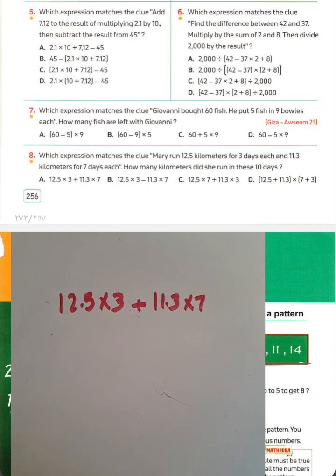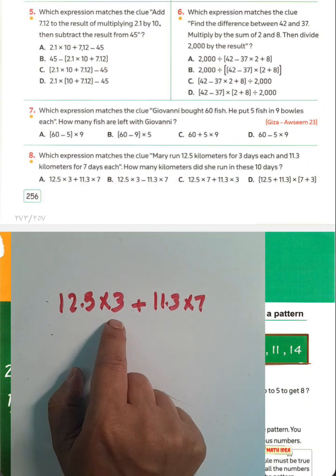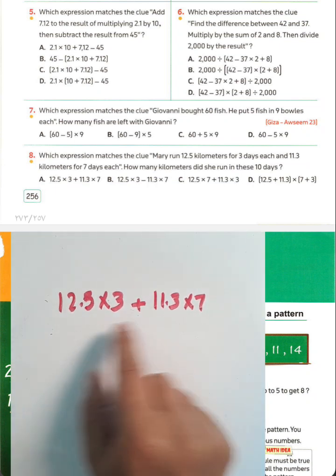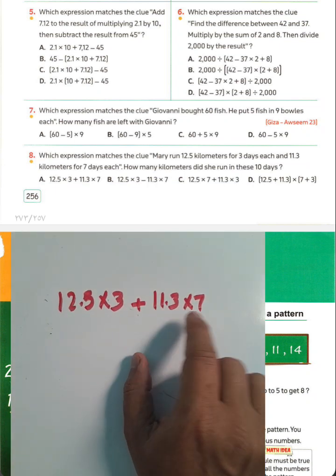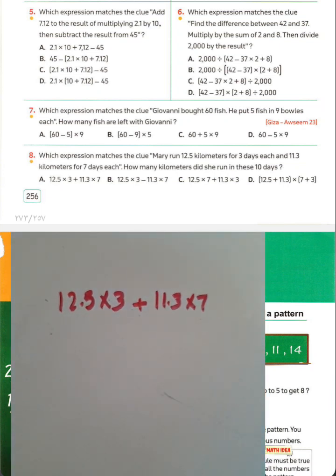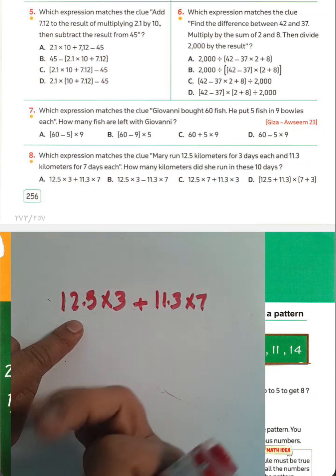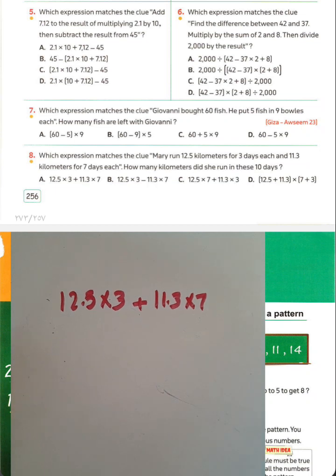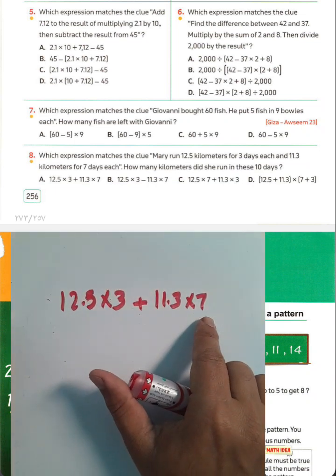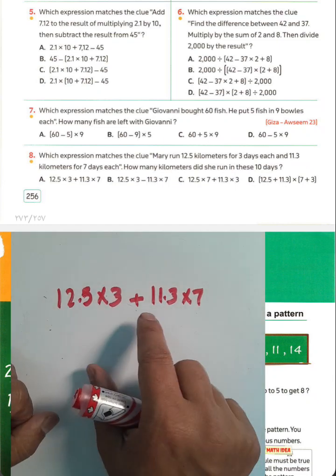Okay, 12.5 multiplication by 3, that is 3 days, and 11.3 times 7, the kilometers at 7 days. Again, Mary ran 12.5 at 3 days, 11.3 at 7 days. You want to find the total at 10 days. 7 plus 3 equals 10.